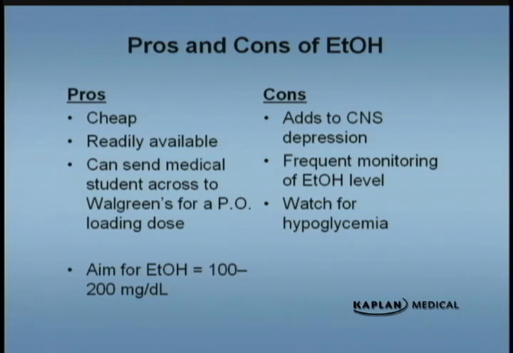And you're shooting for an alcohol level of between 100 and 200. That's like 0.1 to 0.2 if the police pull you over. So that's pretty drunk. So the disadvantages is that it can cause hypoglycemia and can cause even more CNS depression. So this really isn't something you'd want to do for children, particularly.